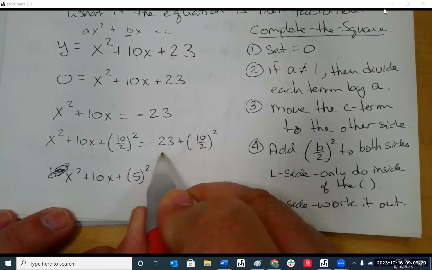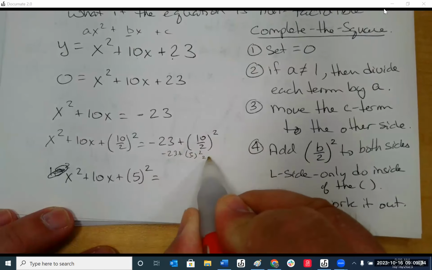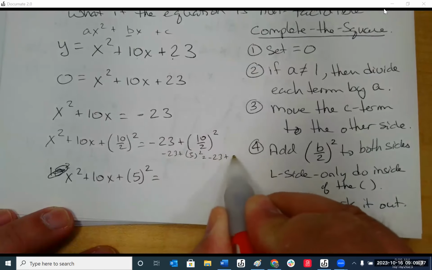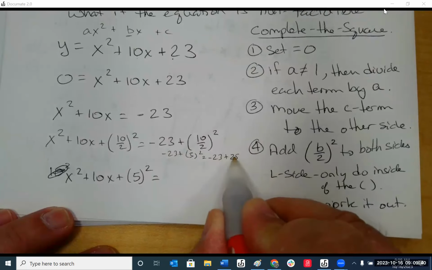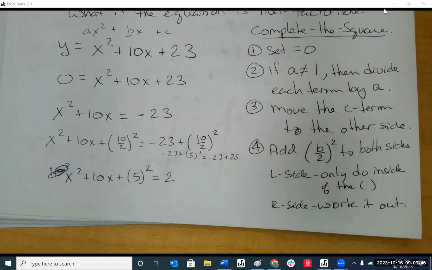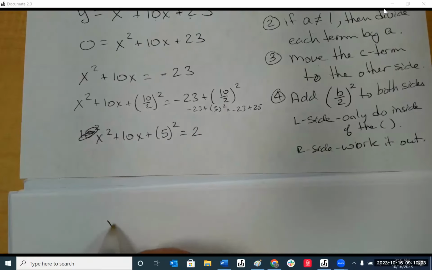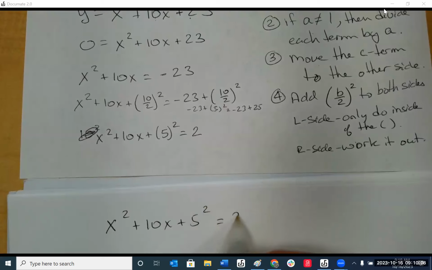So we have negative 23 plus 10 over 2 is 5 squared. Negative 23, 5 squared is 25. 25 is bigger, so it's positive. 25 minus 23 is 2. So we have x squared plus 10x plus 5 squared equals 2.